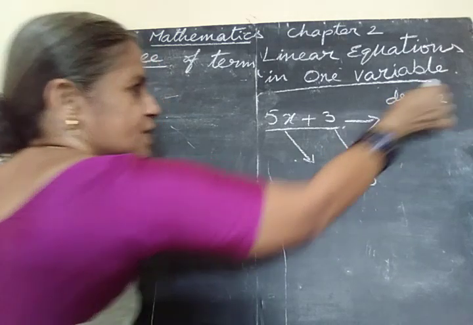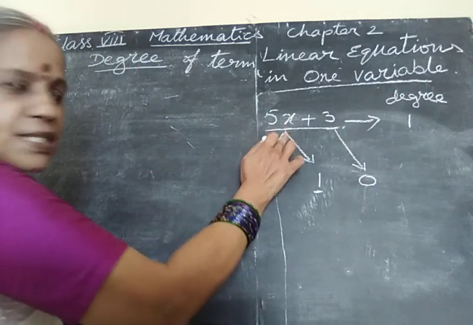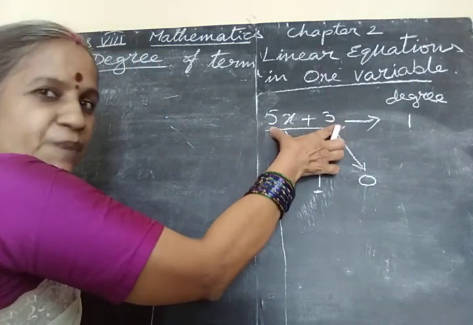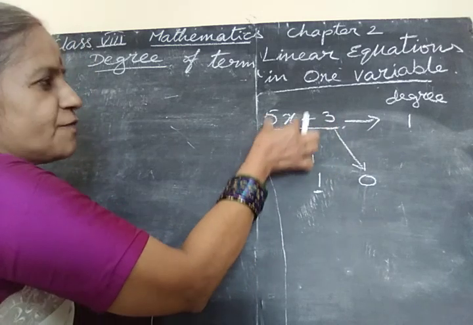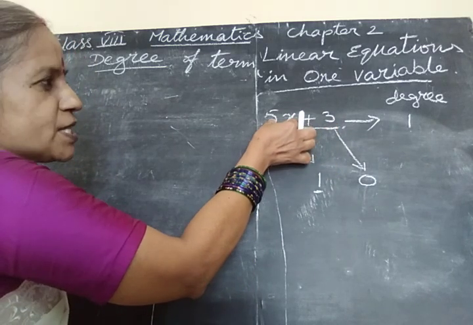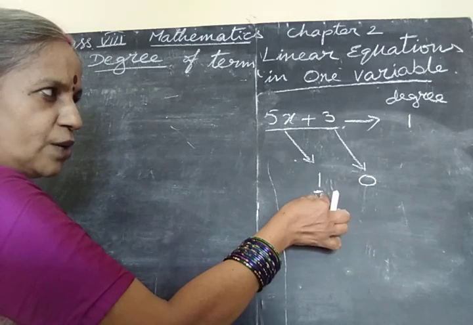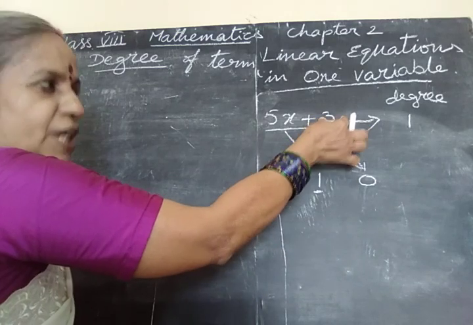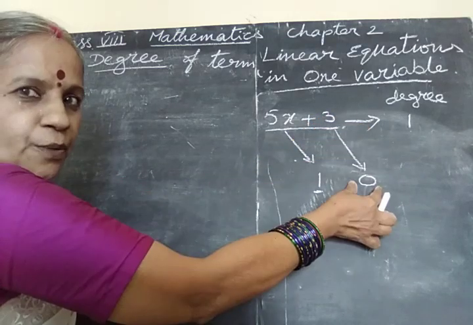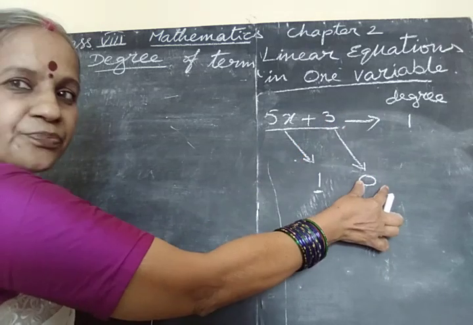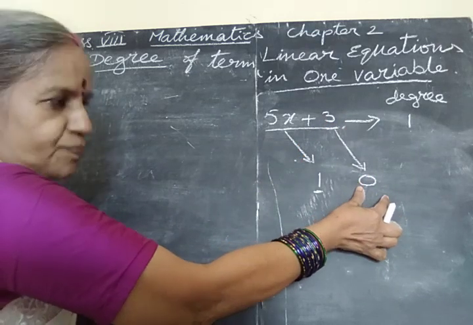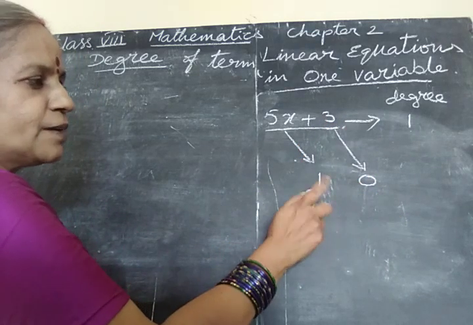Degree of an expression like this you have to find. In this expression, 2 terms are there. The first term is 5x. What is the degree of 5x? 1 only. What is the degree of 3? Constant term degree is 0. In these two, which one is greater?